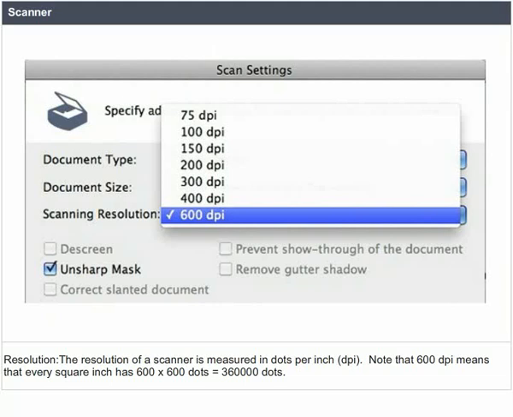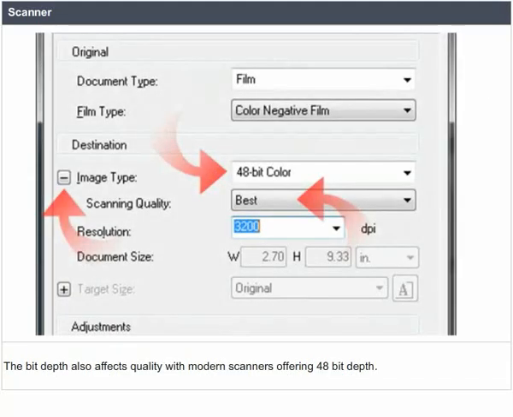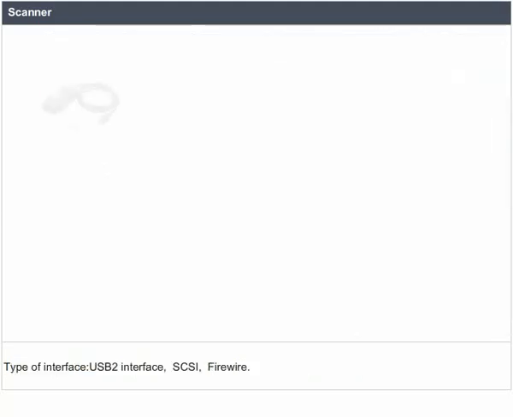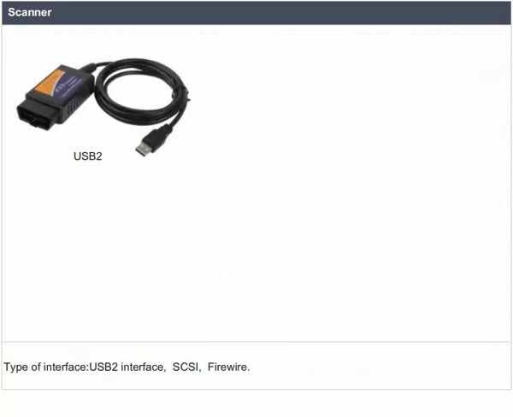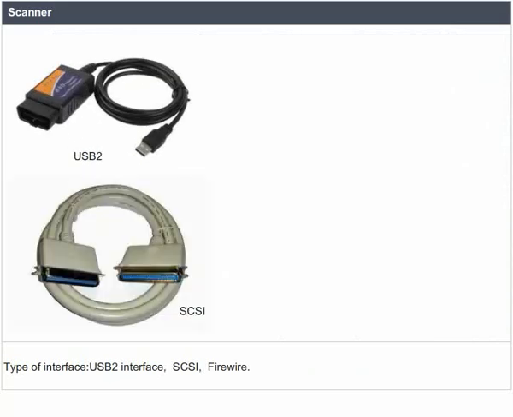Note that 600 dpi means that every square inch has 600 by 600 dots, which equals 360,000 dots. The bit depth also affects quality, with modern scanners offering 48-bit depth. Types of interface: USB 2 interface, SCSI.